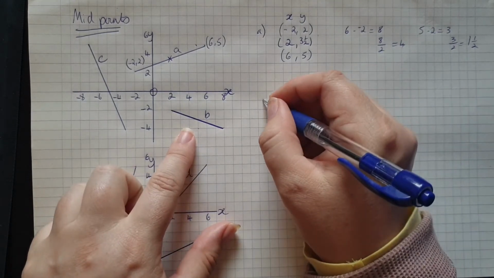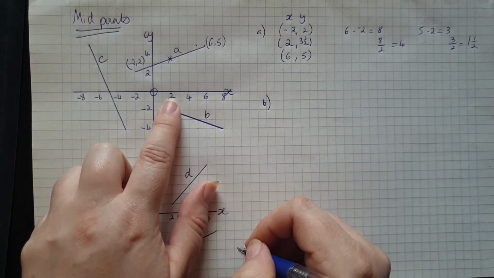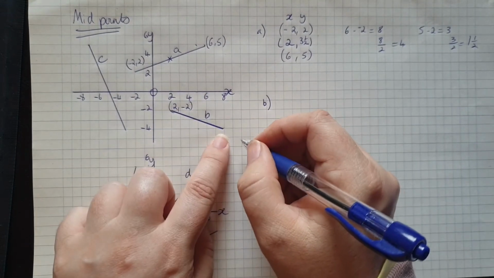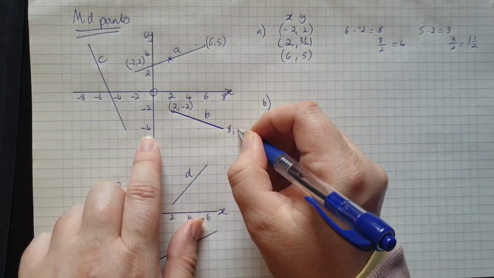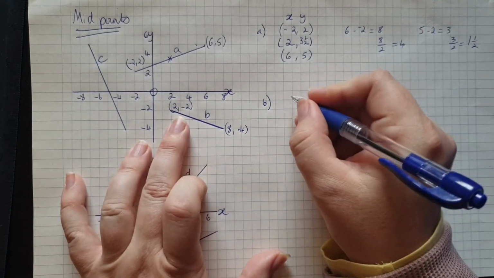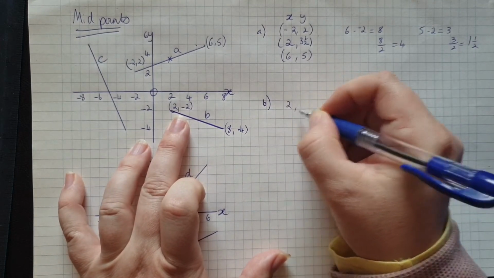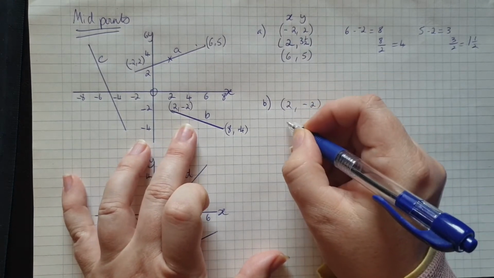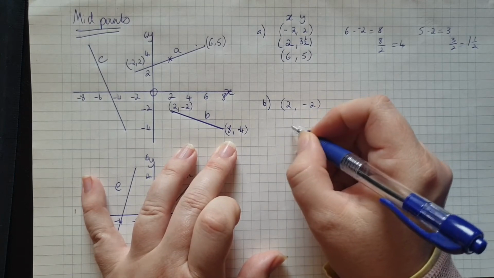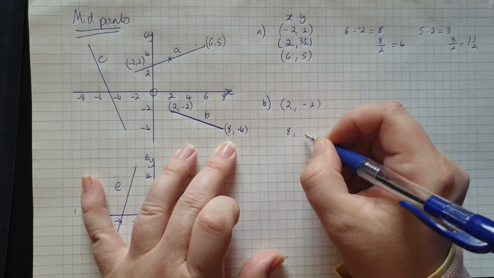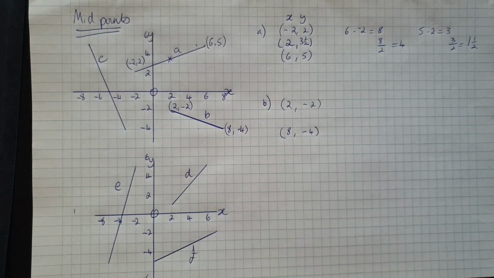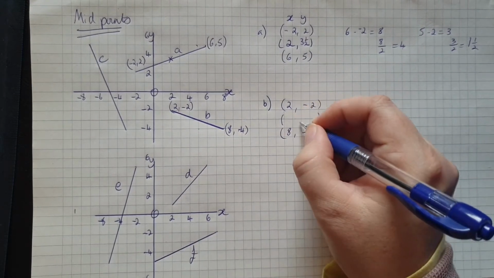Okay, let's do B together. We have the coordinate 2, -2, and we have the coordinate 8, -4. Okay, so jotting it down again, 2, -2, 8, -4. Again, some of you can do this mentally, some of you will need to do some jottings.